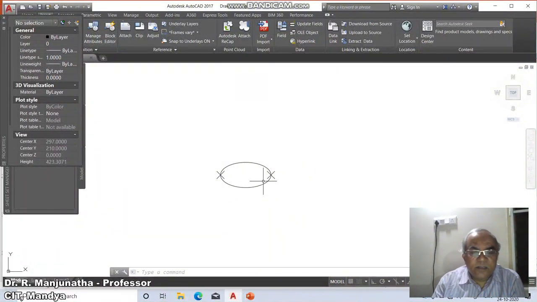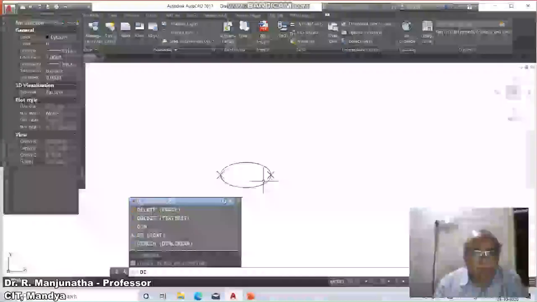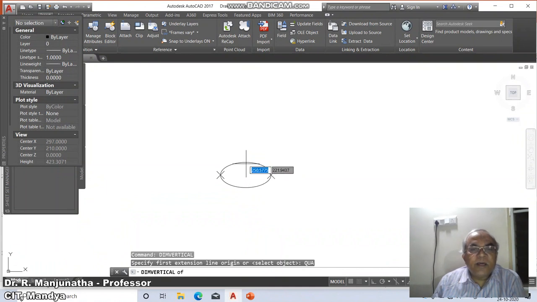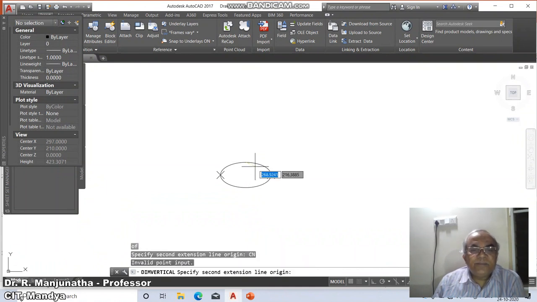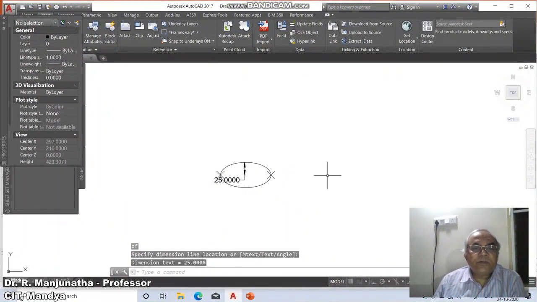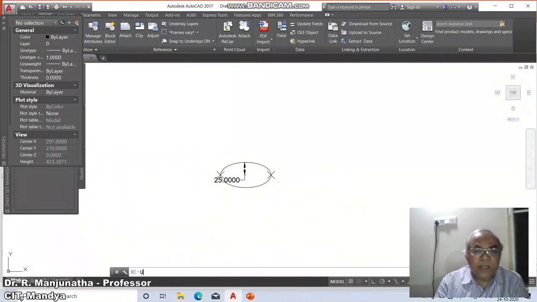So here, the distance to the other axis is from here to this center, which will be 25 mm. So you can see that we have the 25 axis. This is how you are able to draw this.